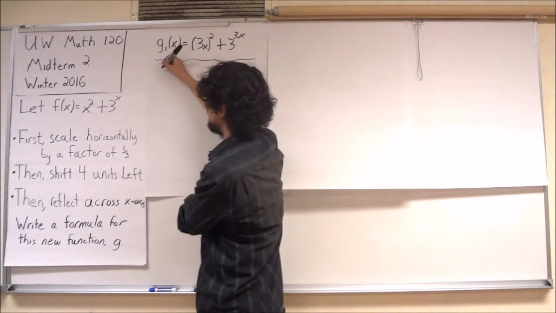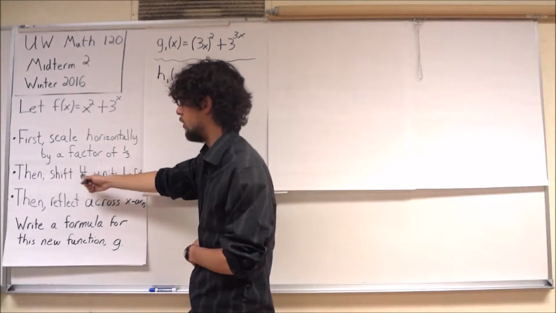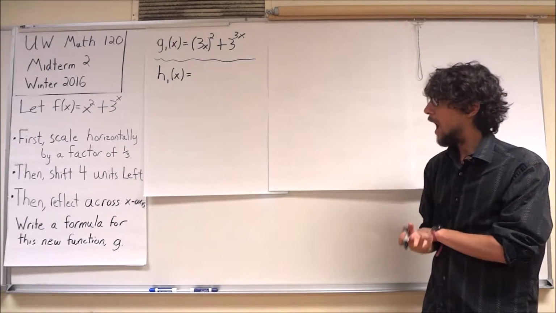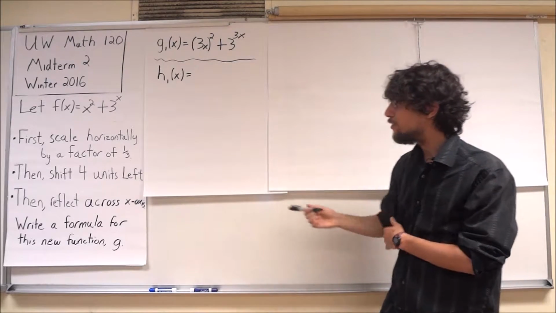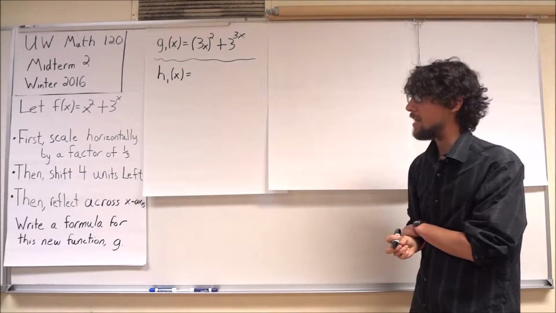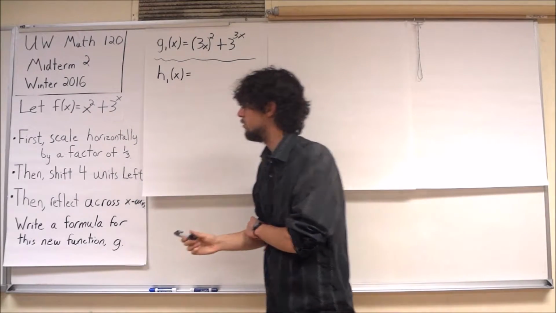Well, I guess I'll use h here. When I think of shifting 4 units to the left, what I think of is I want to write my new function so that when I feed 4 into this function, it's as if I fed 8 into this function.